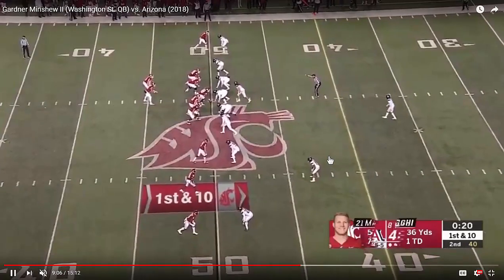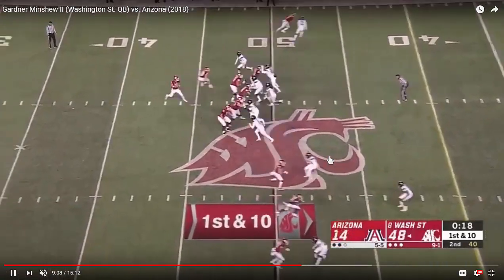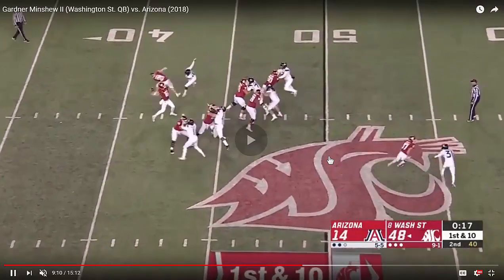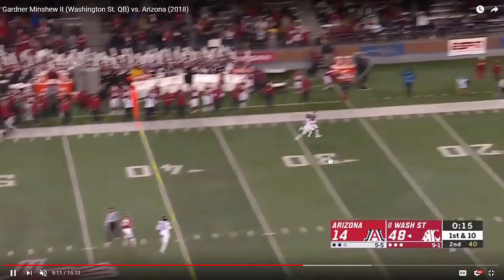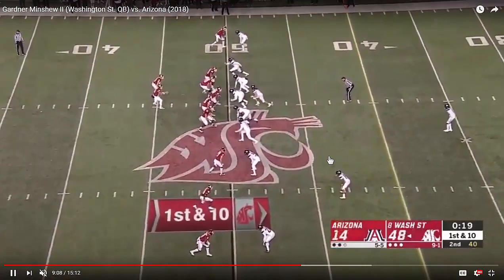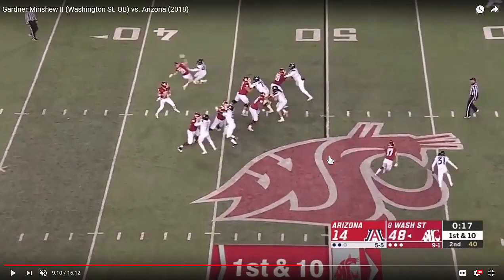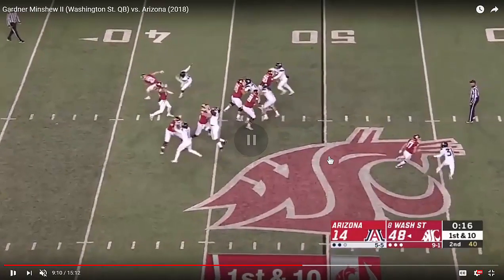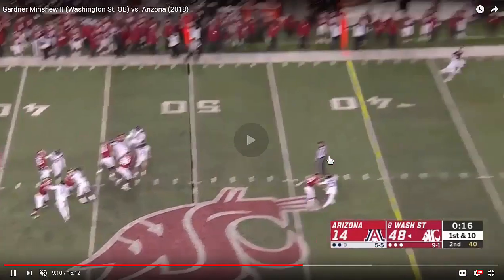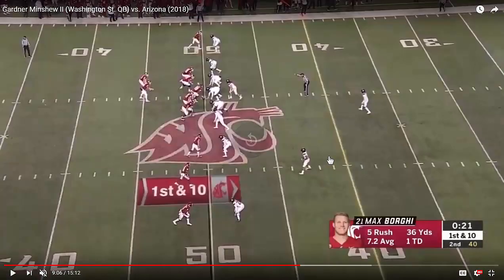The throw didn't force him to alter his throwing motion. He didn't take a hit. The pressure wasn't apparent before he released the ball. Now, you could say, well, it is here, but he's not seeing that. He might see the flash of the color, but he's already letting that ball go, and the defender's at least 2 to 3 steps away. So you also have to define that.